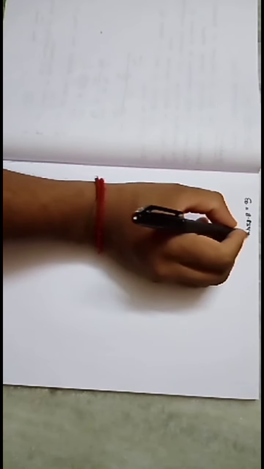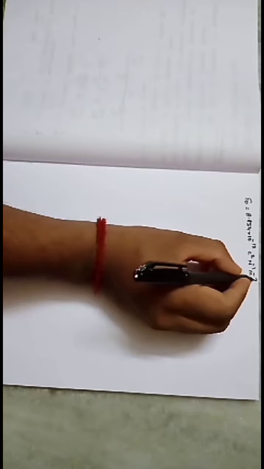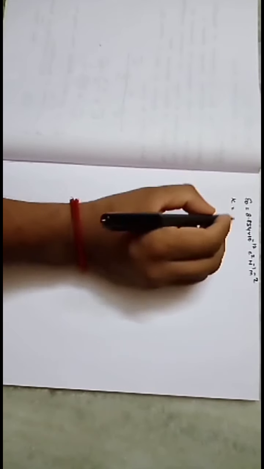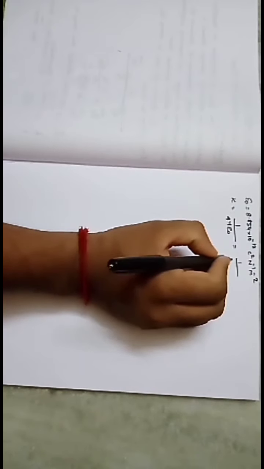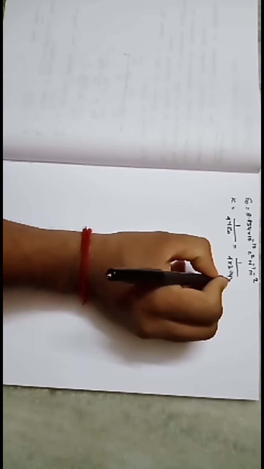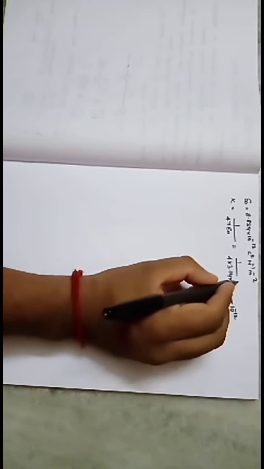The value of epsilon naught is equal to 8.854 into 10 power minus 12 Coulomb square Newton inverse meter inverse square. So we can calculate the value of k is equal to 1 divided by 4 pi epsilon naught, which is 1 divided by 4 into 3.14 into 8.854 into 10 power minus 12.